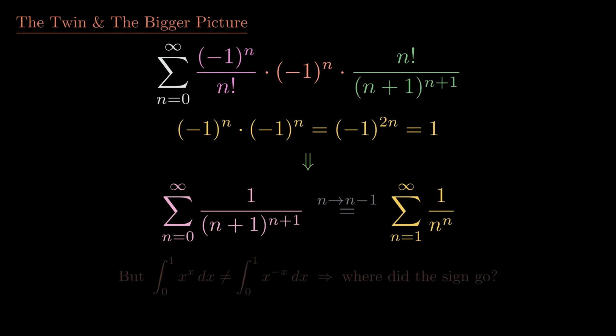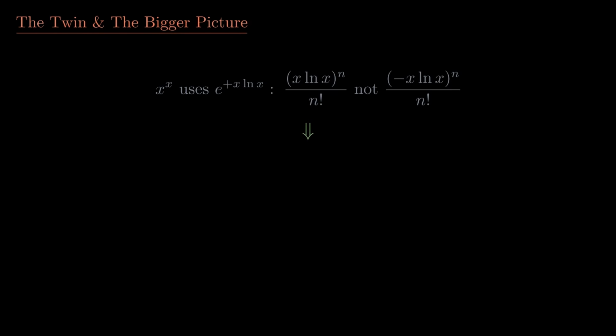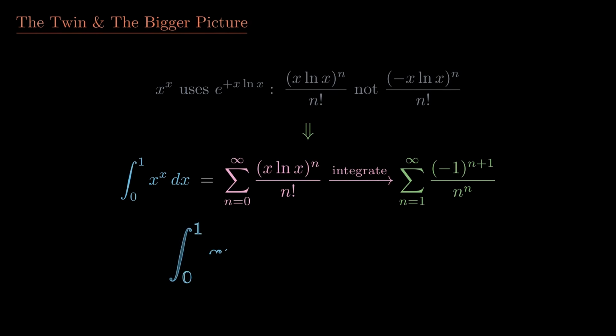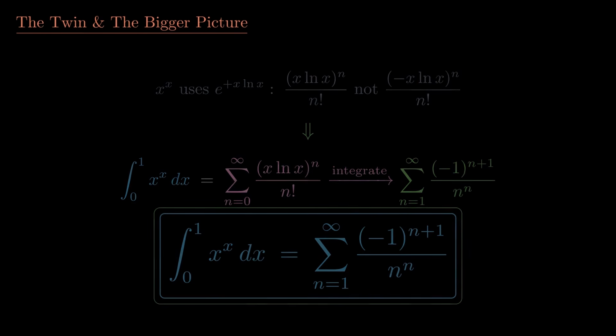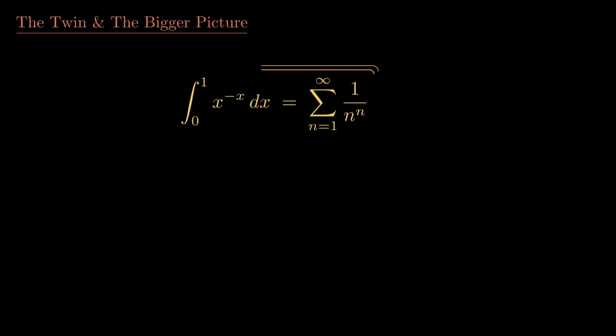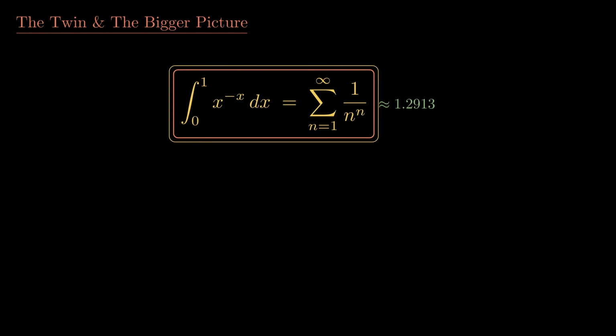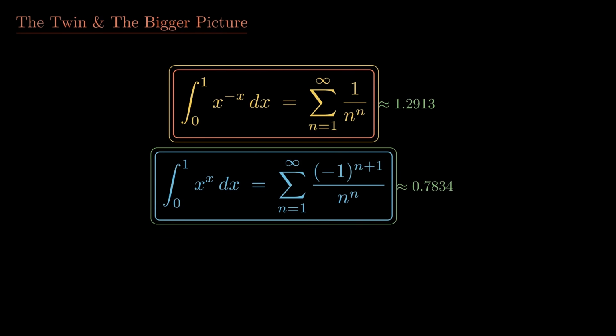But now, a factor of negative 1 to the n appears. So the first identity gives a fully positive series, while the twin identity gives an alternating series. And that is what makes Bernoulli's results so beautiful. Two unusual integrals, two elegant infinite series, one unified method.